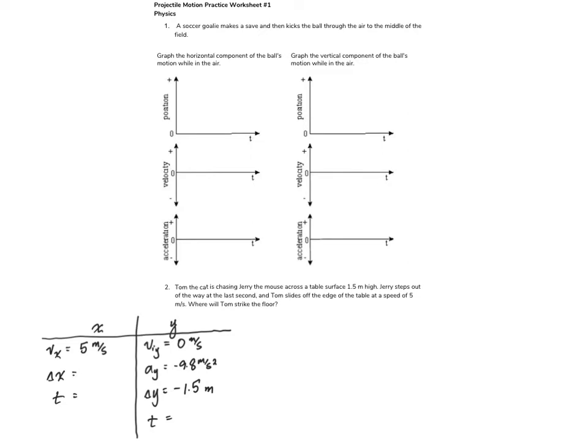So first things first, question 1 is conceptual in nature. It's asking us to draw motion graphs for the horizontal and vertical directions of an angle launch projectile. So in the horizontal direction, we know that motion is constant. Okay, so that means our velocity is not changing.